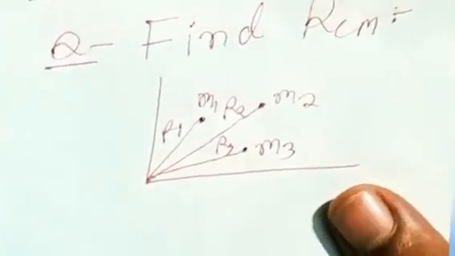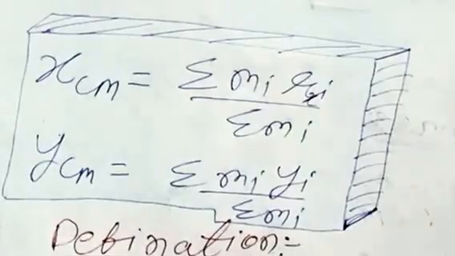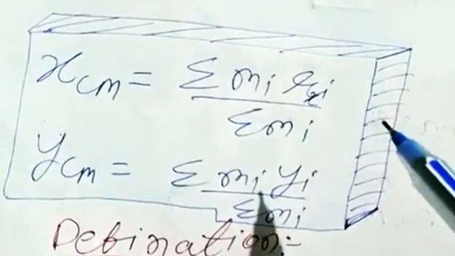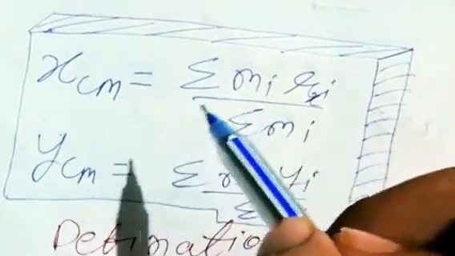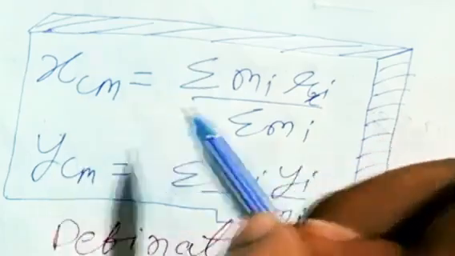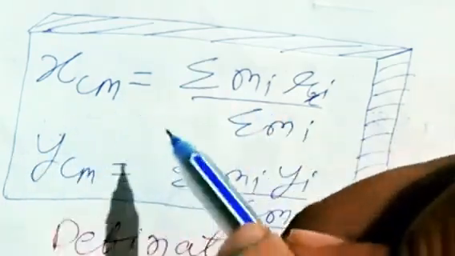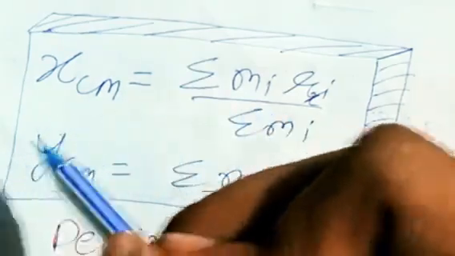So guys, let's start. This, my friend, would be the equation for xcm, or the center of mass x coordinate, and this would be the y coordinate of the center of mass.